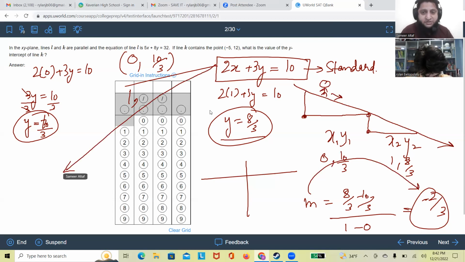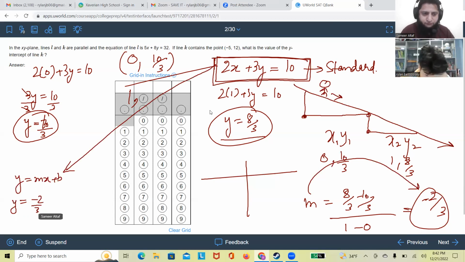So what will be its slope-intercept form? y equals negative 2/3 x plus... 1? 1 is x.